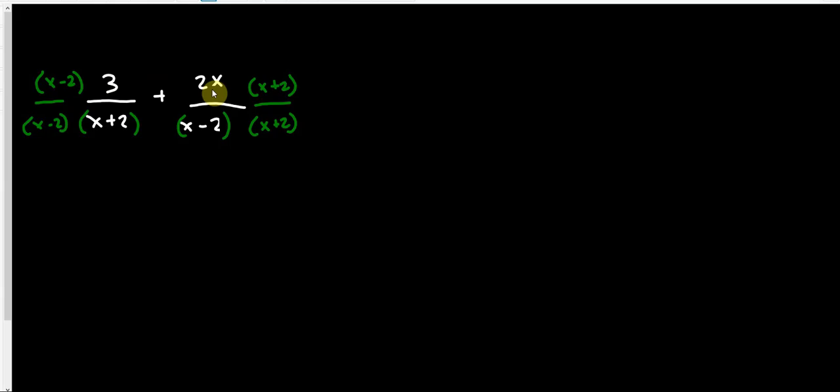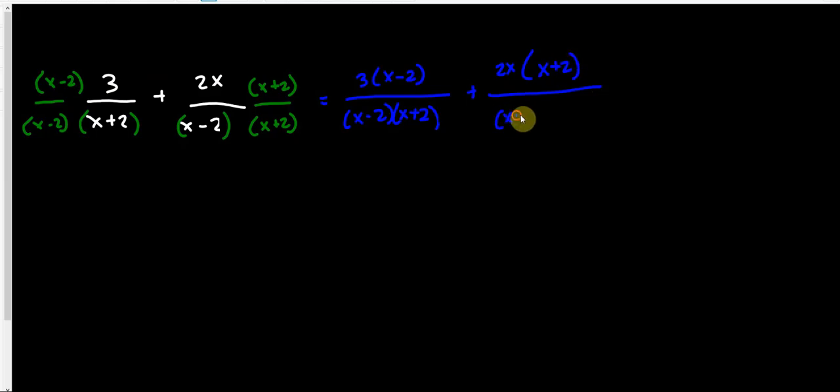And so we're going to go ahead and be very careful with this. Actually, I'll be annoying again and just write out what we have. So I'll write this nicer as 3 times (x - 2), and on the bottom, we have (x - 2) and (x + 2), plus, over here, we have 2x times (x + 2), and we have (x - 2) times (x + 2).